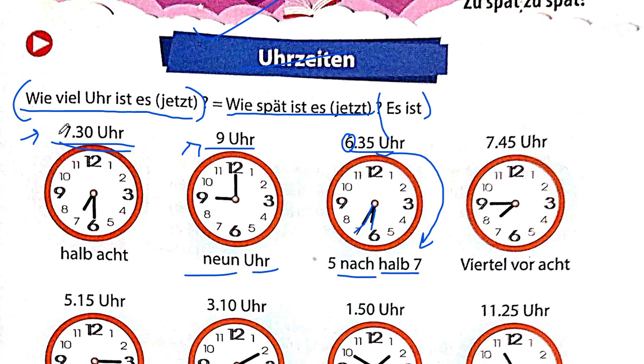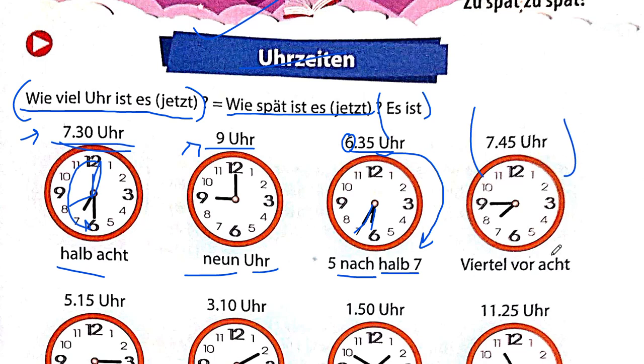It's 7:30. If it were to be 8 o'clock, for example, then half of this 8 o'clock would be 7:30. So half back. This is basically what it means.